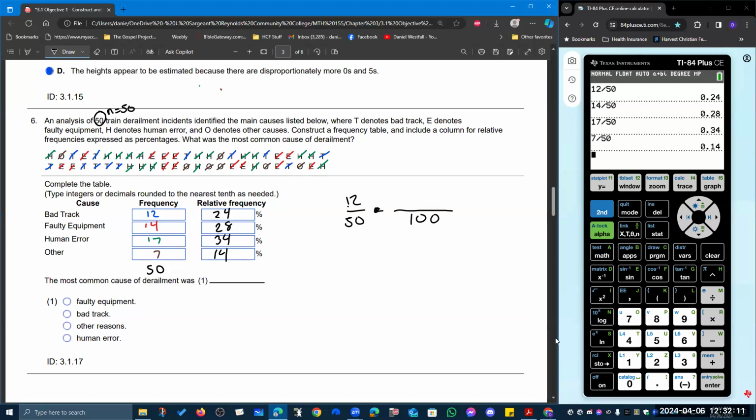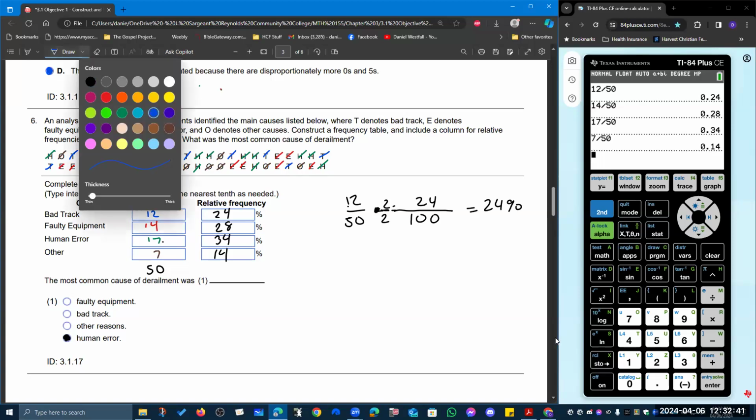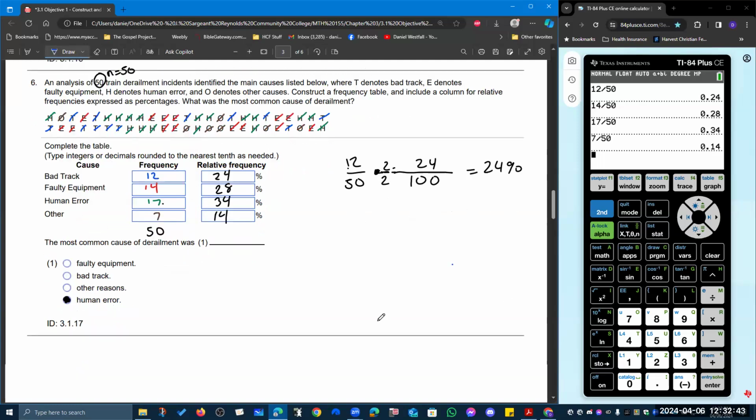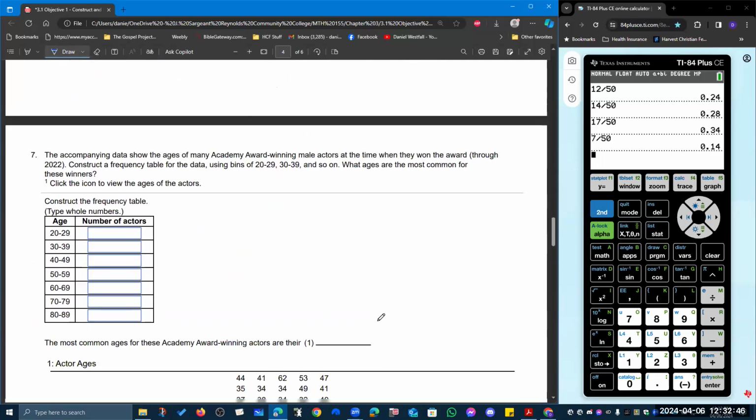So to do that, I needed to multiply the denominator by 2, so I need to multiply the numerator by 2. That's how I did that so fast and said that was 24%. So, all right, the most common here we see is human error, 17 out of 50 or 34% of the time. So let's get back to my blue that I like.